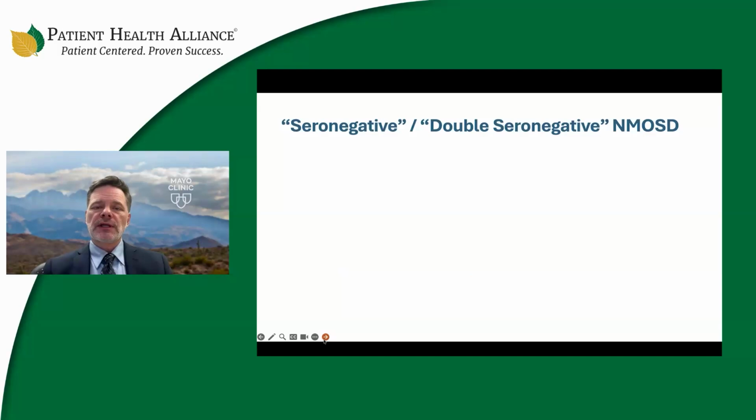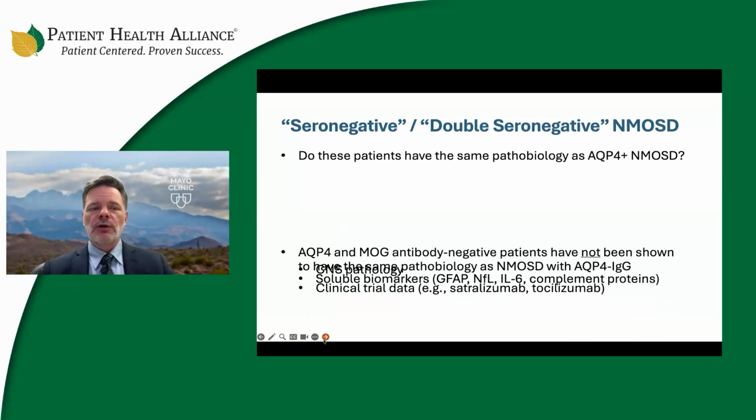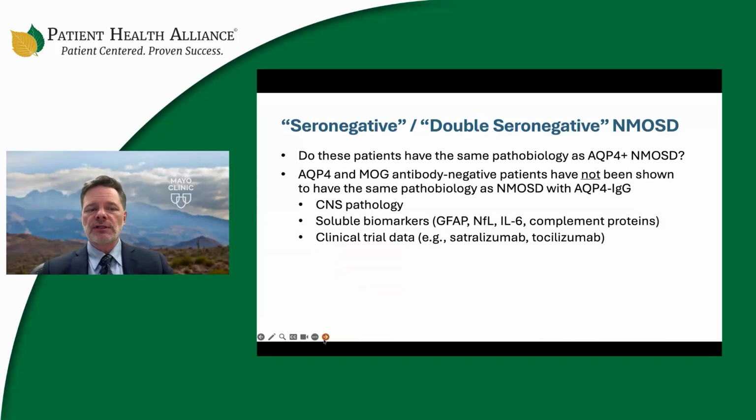So one way we looked at these seronegative or double seronegative patients was to evaluate the literature over the last 10 years to determine whether there was evidence that these patients or a subset of these patients actually had the same biology and the same immunopathology as seropositive disease. So are they, in fact, the same diseases biologically? We looked at 3 lines of evidence: pathology, biomarkers, and clinical trial data.